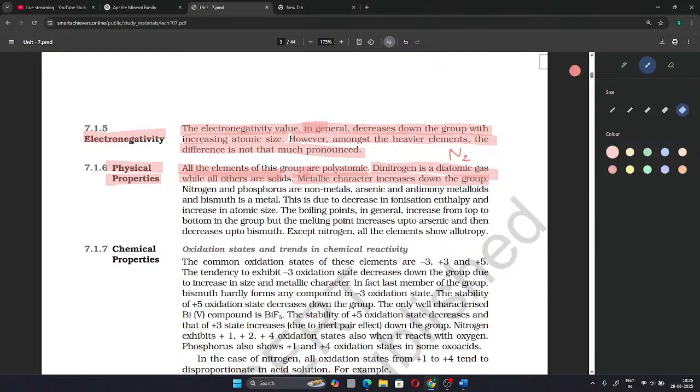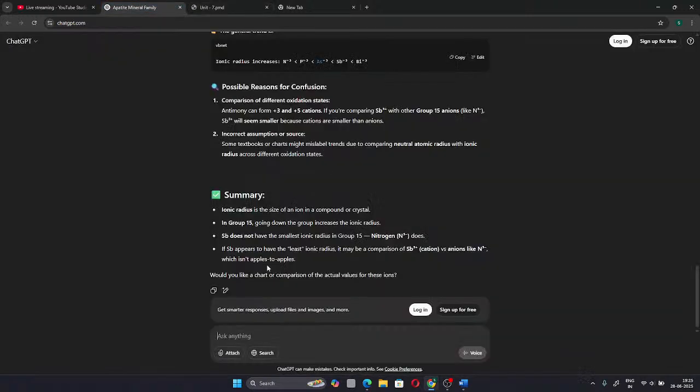I still have a doubt. Are Sb2 and Bi2 possible, and if so, are they solids?